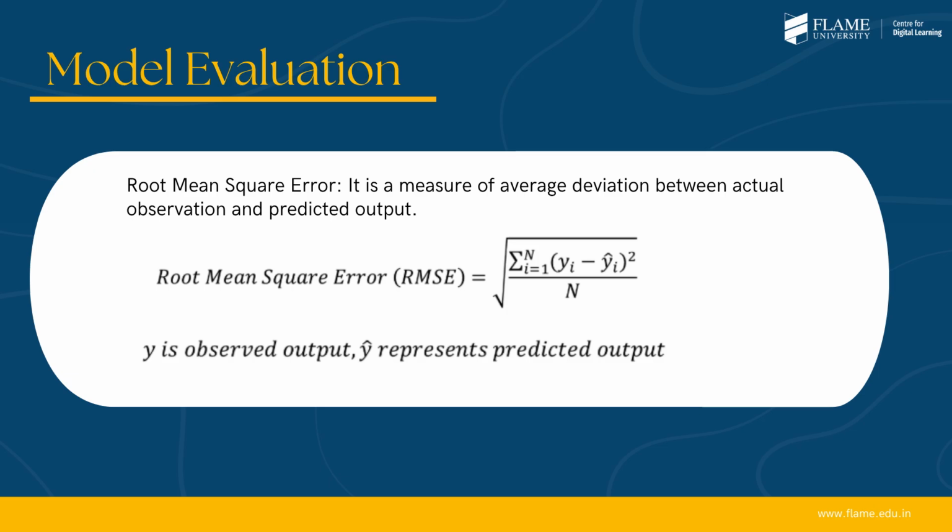Both metrics tell you how much you are deviating from your original output, and they are a good measure of model accuracy. For root mean square error, the desired value should be lower, because a lower value means you have deviated less from your observed output.